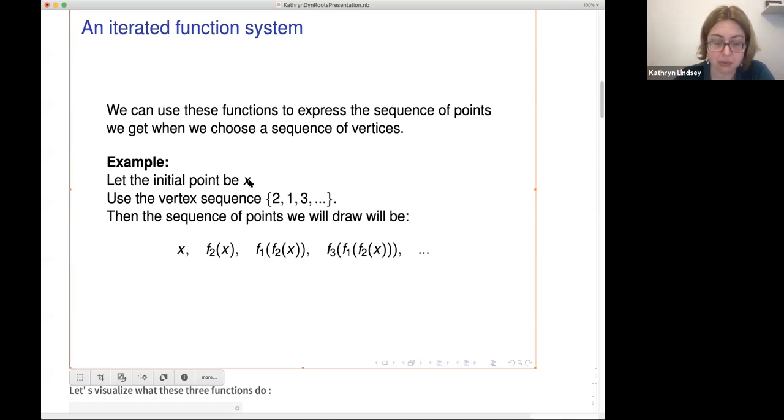Doesn't matter what it is, just some point x. And let's say we choose the vertex sequence 2, 1, 3, meaning first we go halfway toward vertex 2, then halfway toward vertex 1, and then halfway toward vertex 3. So the way we could express that now is that we start with x, and then to get the coordinates of the point that are halfway between x and vertex 2, we would do f2 of x.